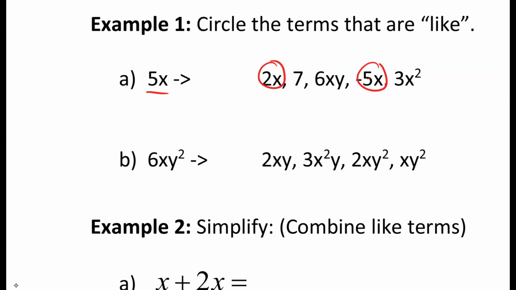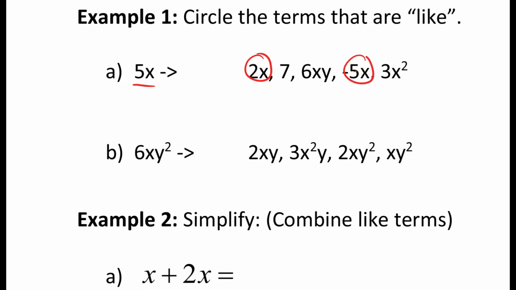For b, it says 6xy squared. Notice that the squared is on the y, so it can't be on the x to be a like term, and the like term has to have an x and a y in it. The first one is 2xy.